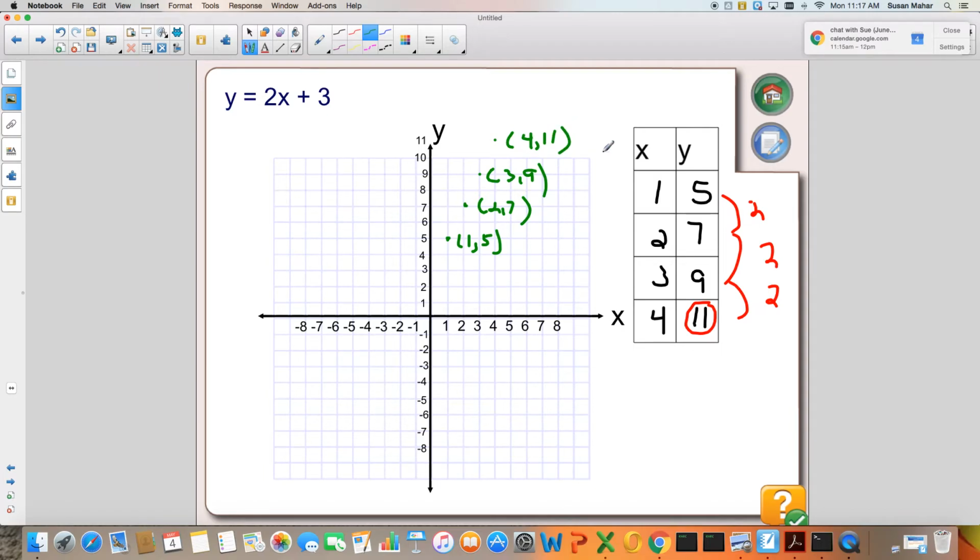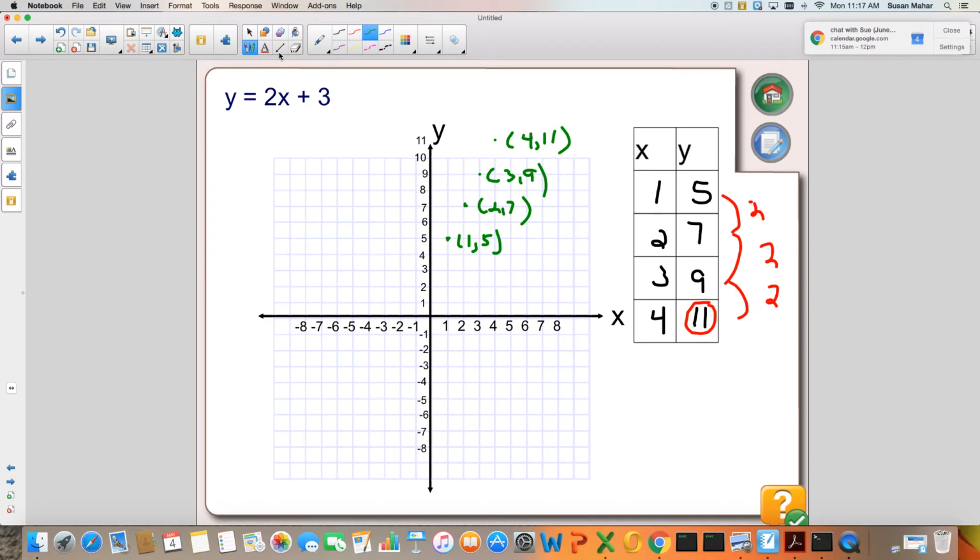Now, the next question: do I join these points or don't I? Am I using discrete data, which I would not join the points, or is it continuous data? The way to think about the answer is, if I were to join these points, the line would include these 4 points, but it would include all the points up here and all the points down here.